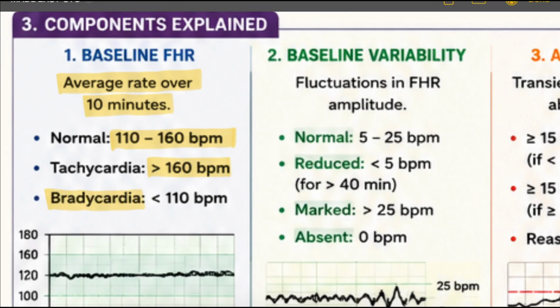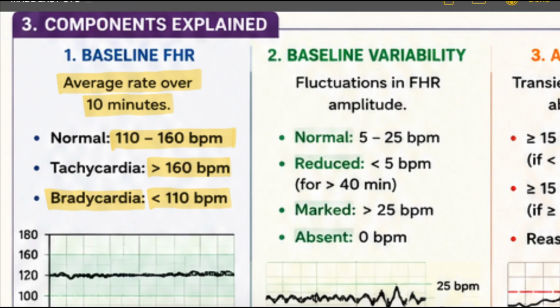Fetal bradycardia will be less than 110 beats per minute. So if below 110 beats per minute, we have to suspect some fetal problems, like cord prolapse, severe hypoxia, maternal hypertension, or epidural, or uterine rupture.